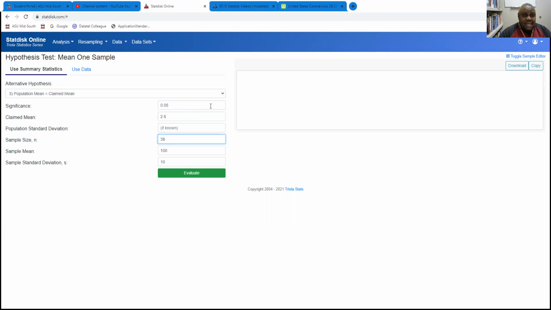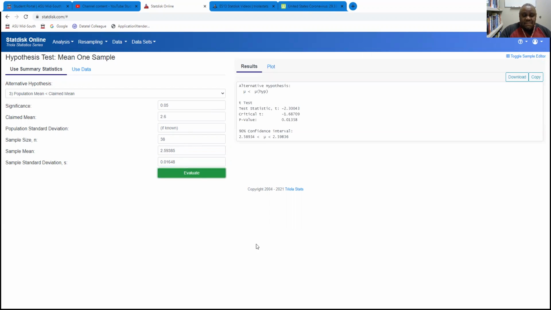There were 38 coins in that sample. And then the sample mean that they give you is 2.59385. The sample standard deviation was 0.01648. Okay. Now we're going to click on evaluate.